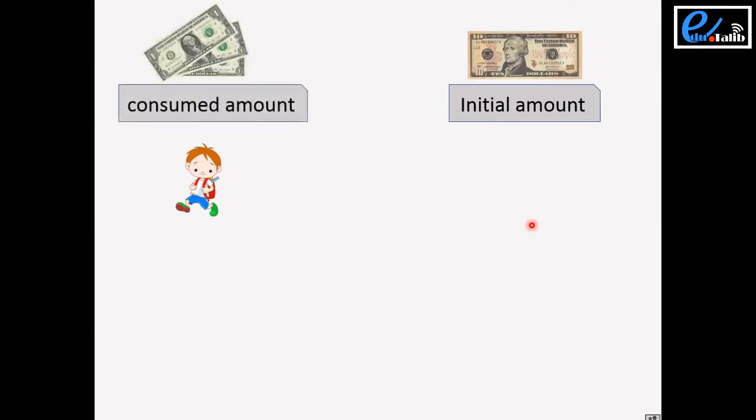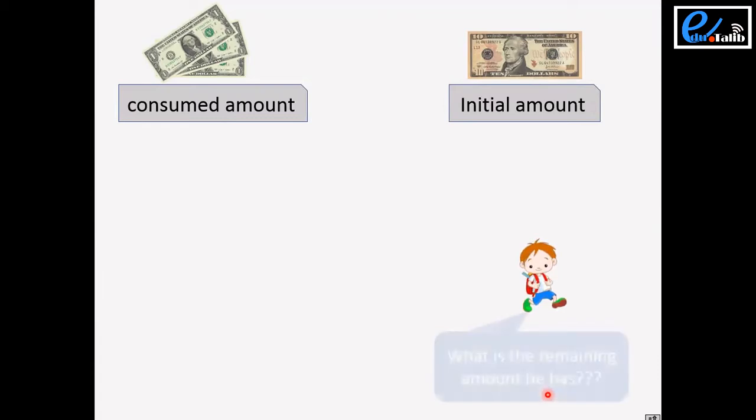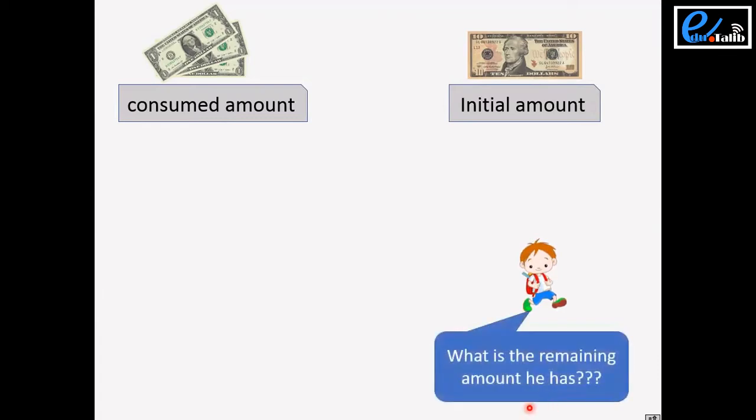That is the consumed amount. When he comes back, what is the remaining amount he has? You must be answering $7. But I would say the amount he has in his pocket is 10 minus $3. Of course, both answers are correct.